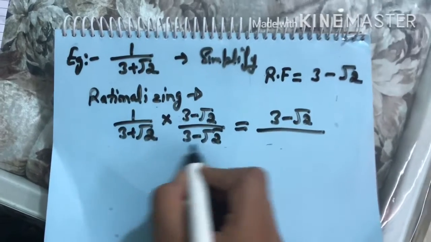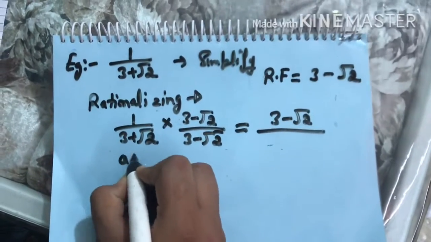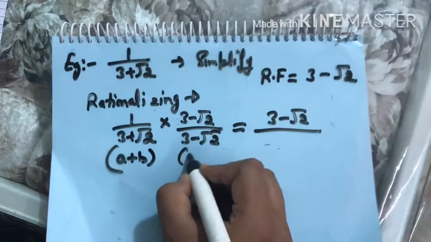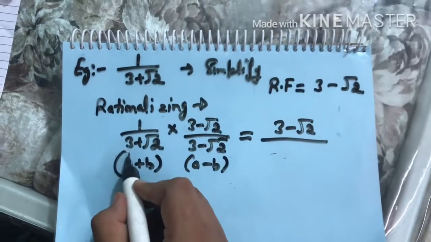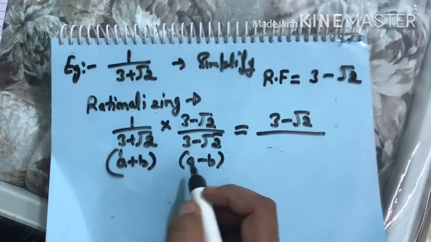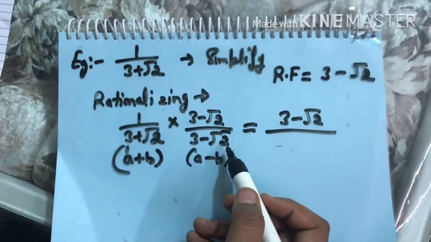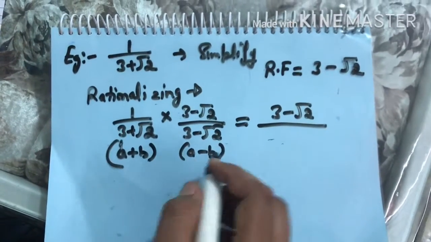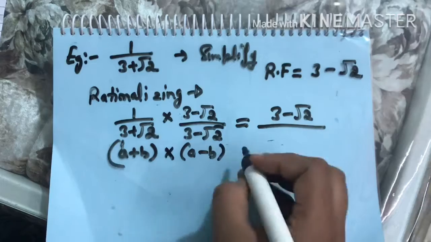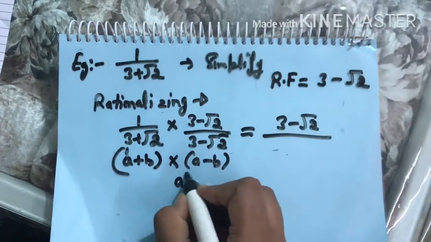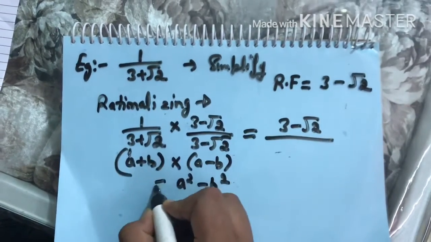But in the lower section, what you are seeing is a plus b and a minus b, where a is 3 and b is root 2. If we multiply these, the result is a square minus b square.